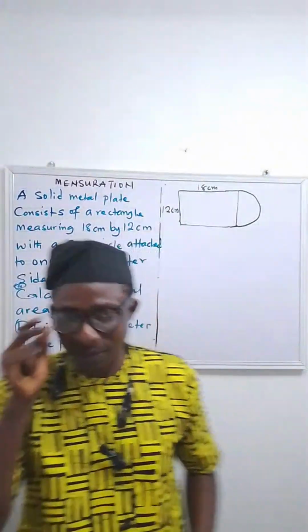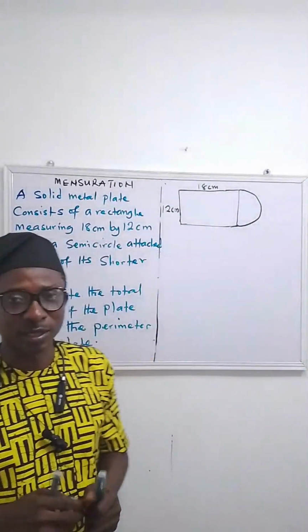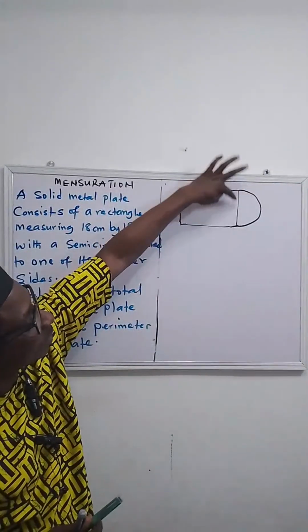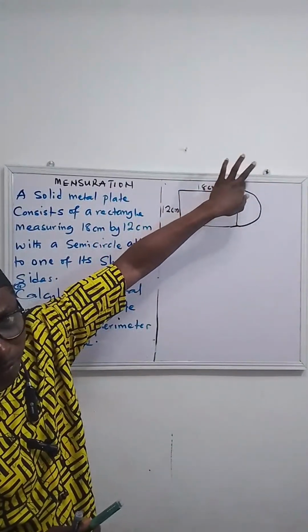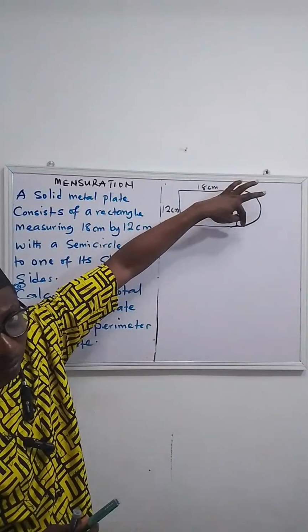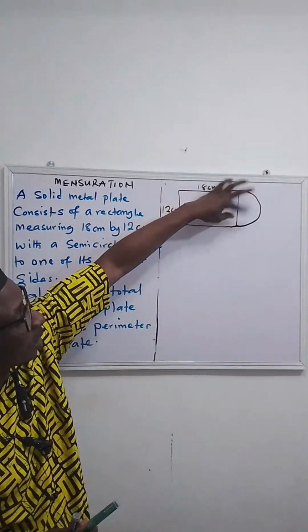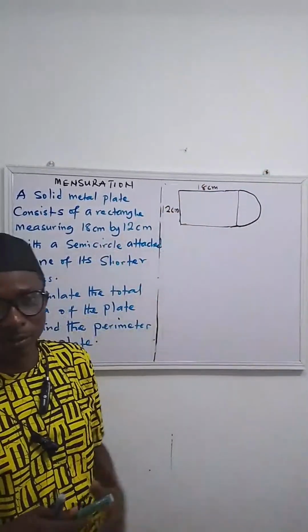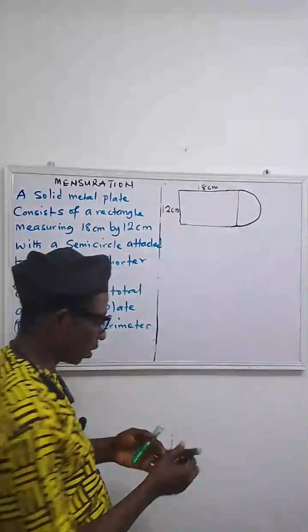The radius is actually 6 centimeter. How is it 6 centimeter? Now look at this. This is the diameter of a semicircle, or the circle rather. And diameter is 2 times the radius.